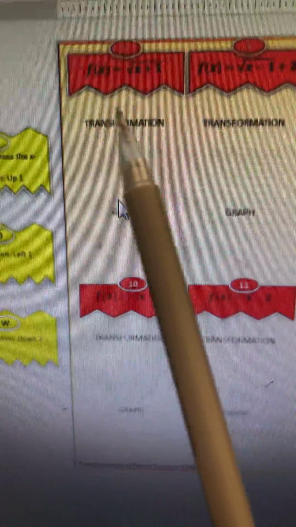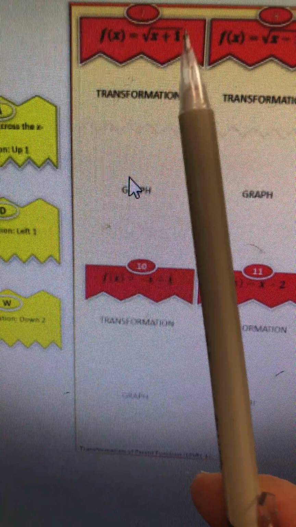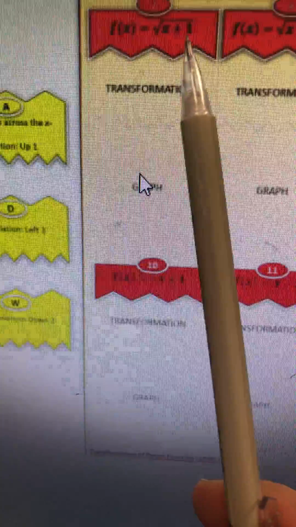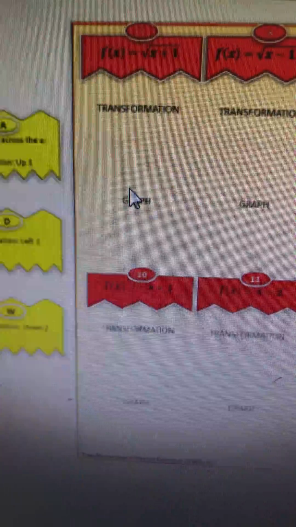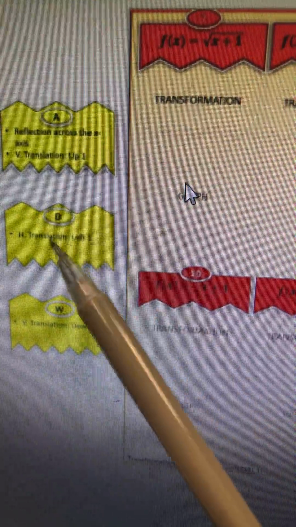Okay. So for number 7, this is moving left 1. So the transformation is just a left 1 transformation. So that's why the transformation should be D. It's a horizontal translation left 1. Okay? So this one should go here.